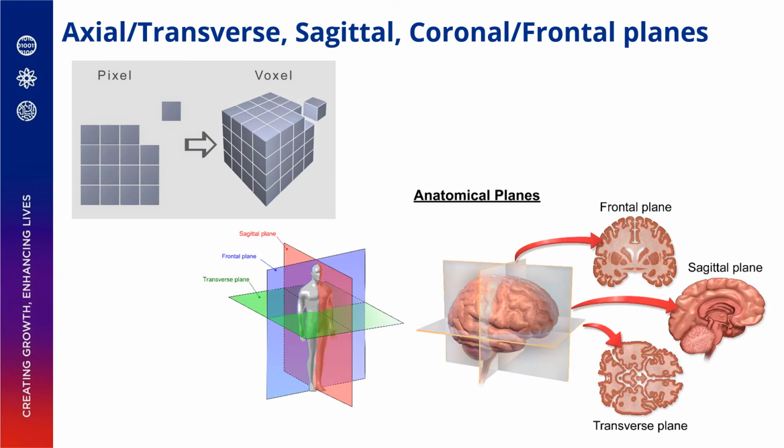The way we identify these different planes originates from the biomedical field. So the three planes are your frontal planes, your sagittal planes, and your transverse planes. Essentially, your frontal plane over here is looking at the person from the front. Your top view is called the transverse plane, and your cross section is your sagittal plane.